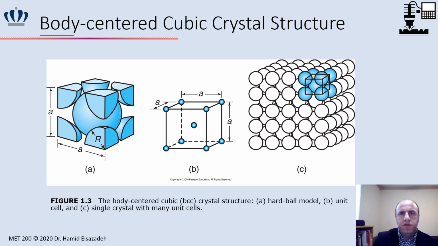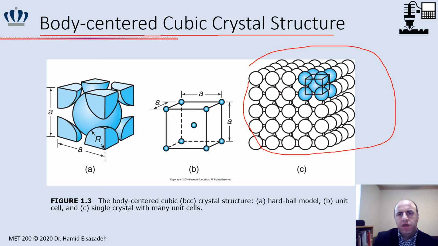The first crystal structure is BCC, body-centered cube. In this slide you see three figures, but all of them are indicating the BCC structure. This is one material, and the smallest repeating part is this unit cell.